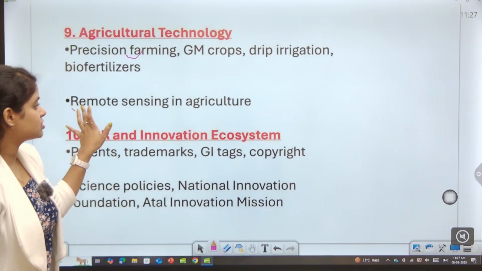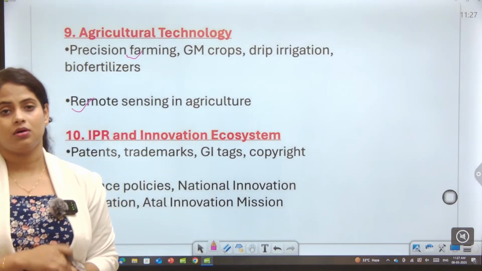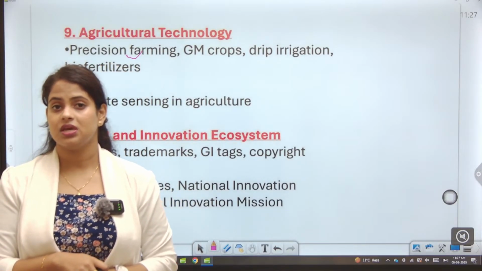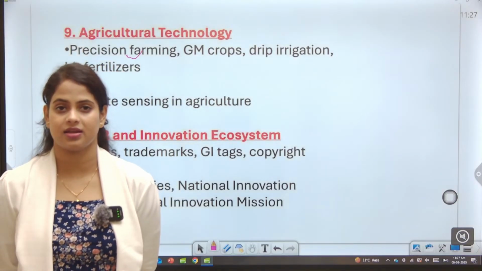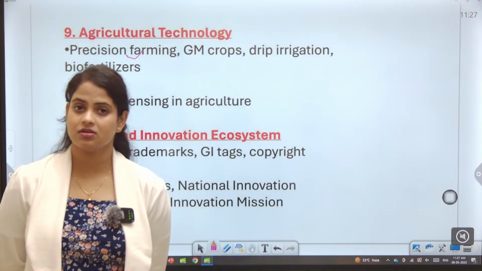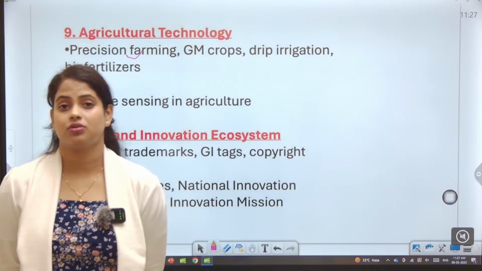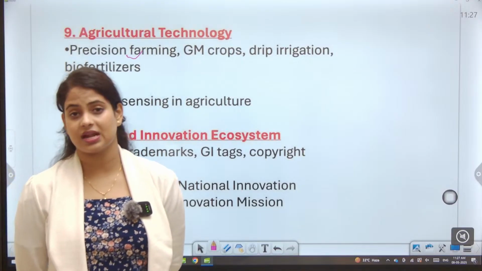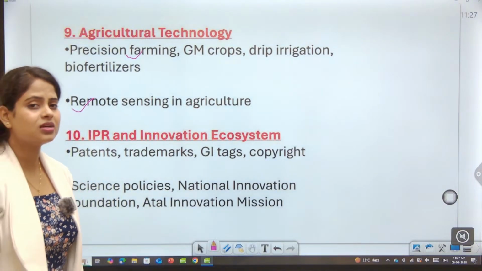And about remote sensing in agriculture. Guys, in space technology we will see there is a remote sensing satellite. There are types of satellites mentioned there: the navigation satellite, the geographical satellite, the remote sensing satellite, the weather forecasting satellite. Satellites mainly consist of 4 types.